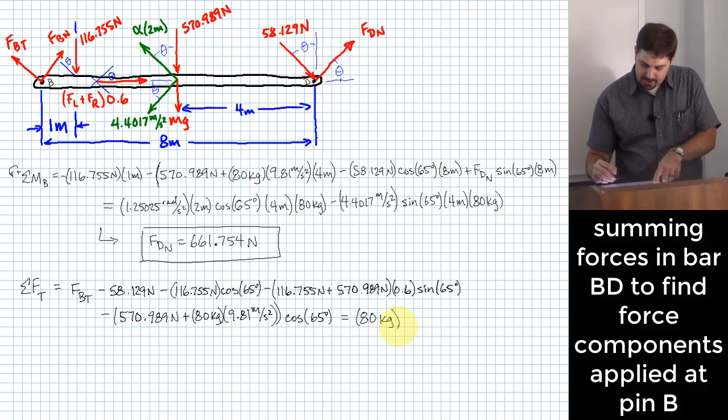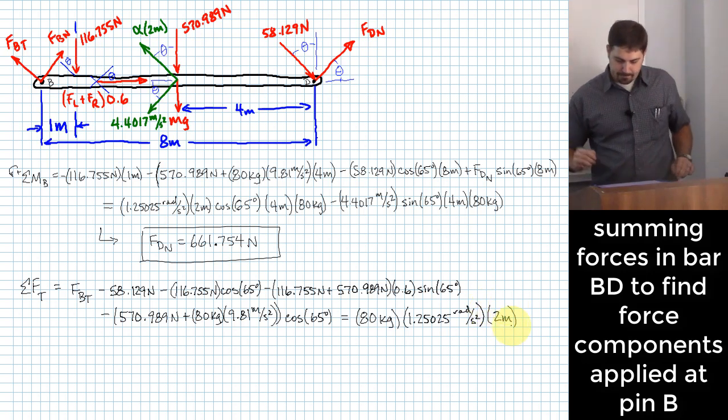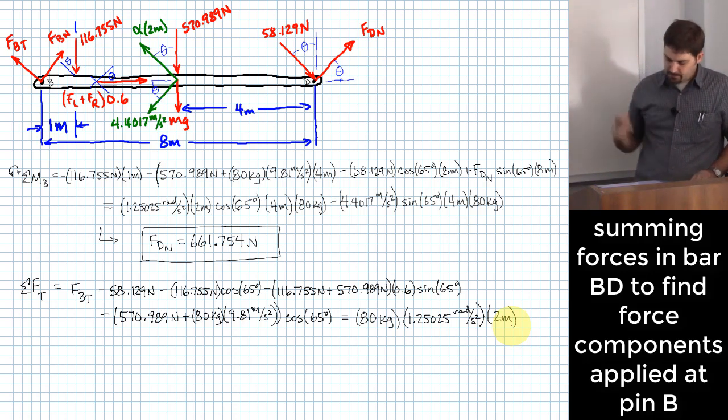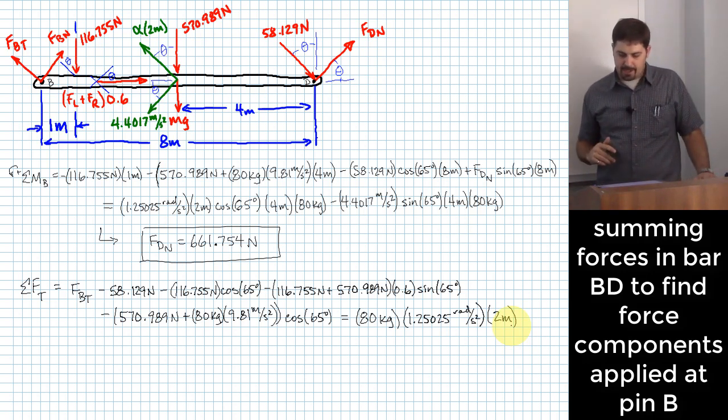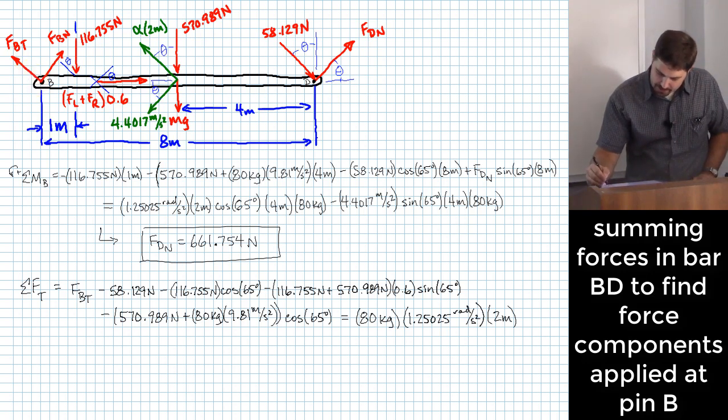The acceleration is that alpha, which is 1.25025 radian per second squared, times the 2 meters. And when I solve for all of that, it gives me the force at B in that tangential direction.